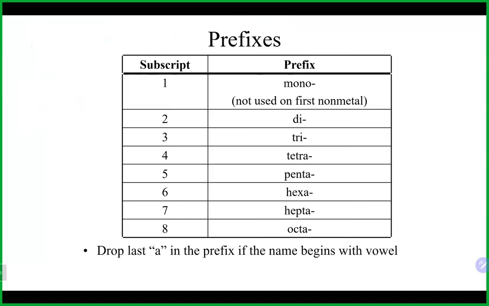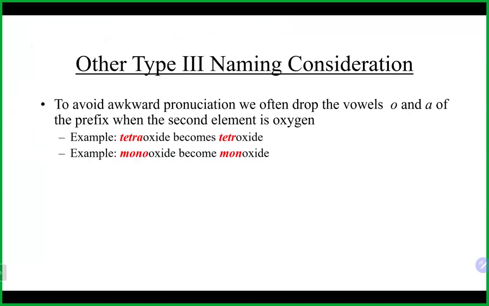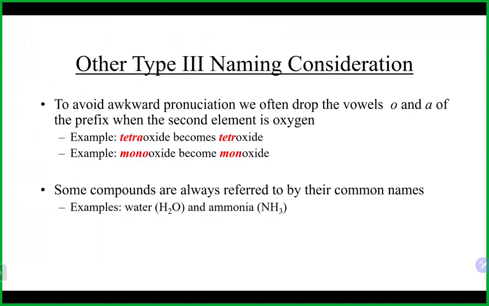Here again is our list of prefixes. Now, as we just saw a second ago, we oftentimes will drop that A from the prefix and the O, and not get those two vowels backed up to each other. Once again as well, something like water, which is H2O, is how you should refer to water.